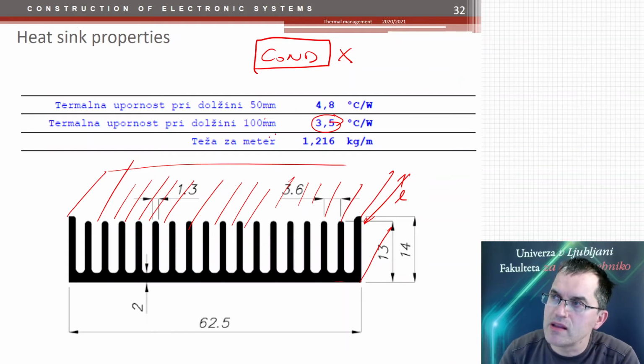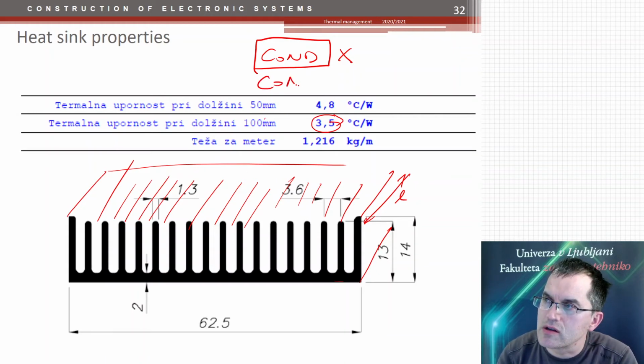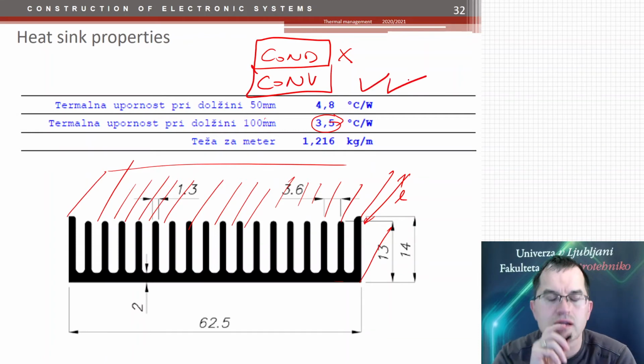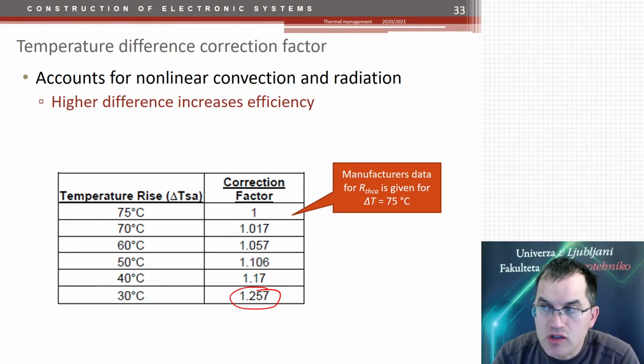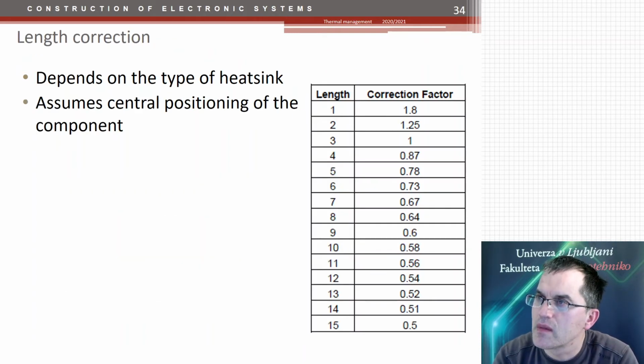So the main contribution of a heatsink is convection. The convection has the highest contribution to the cooling effect of the heatsink. So this is a correction factor which you have to apply for a heatsink if you have a lower temperature difference.